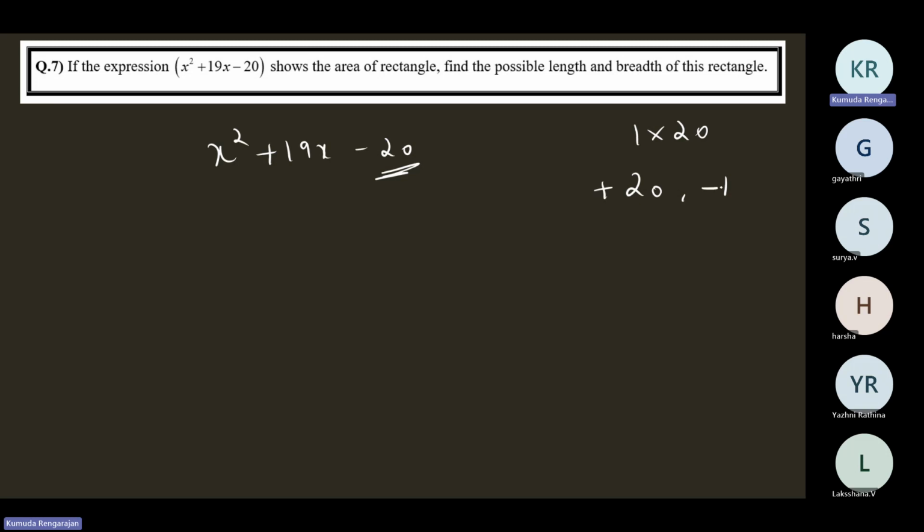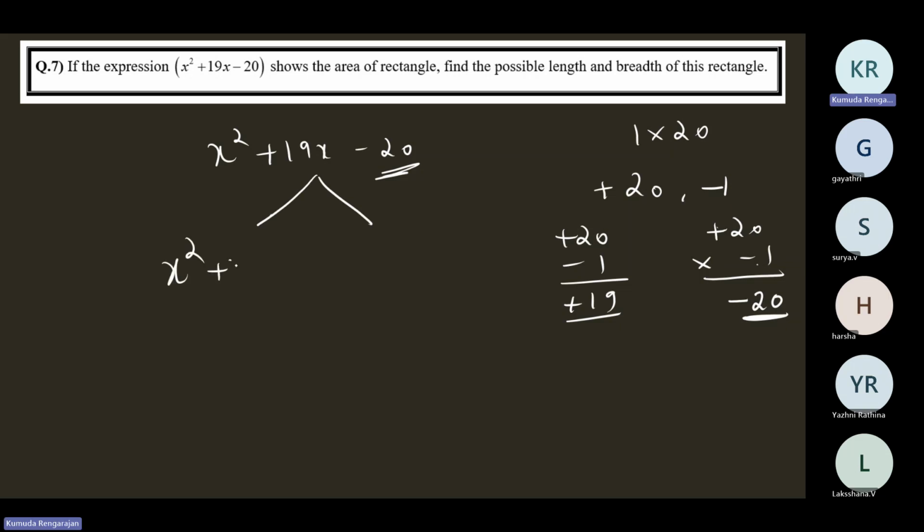So there should be plus, minus. So plus 20 and minus 1 will give us plus 19, and the product is minus 20. Plus 20 into minus 1, plus into minus, is minus 20. So we'll have to split the middle term using the numbers plus 20 and minus 1.